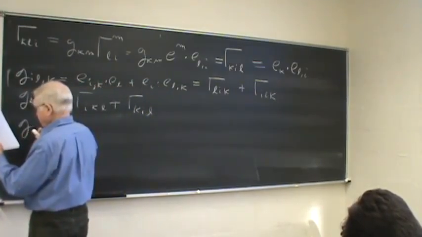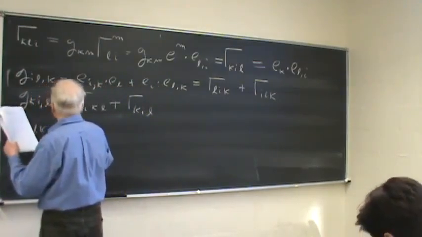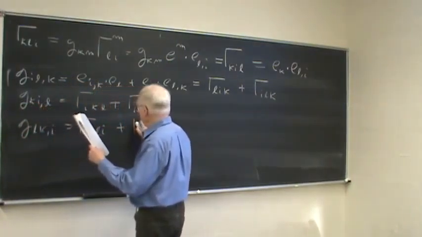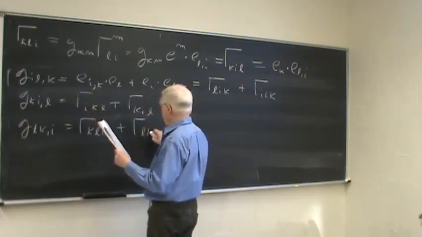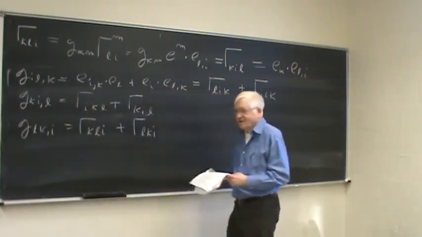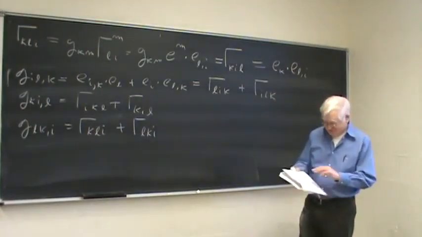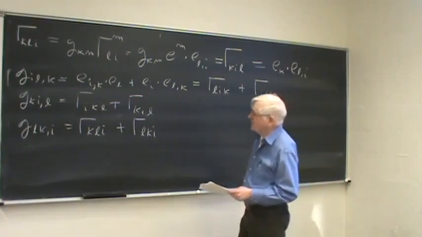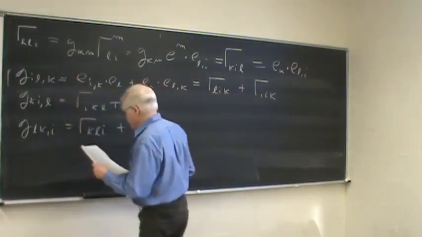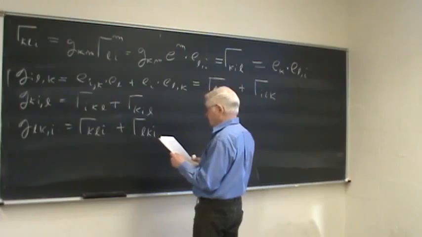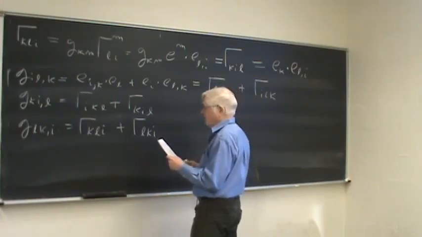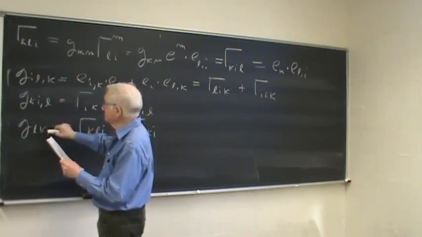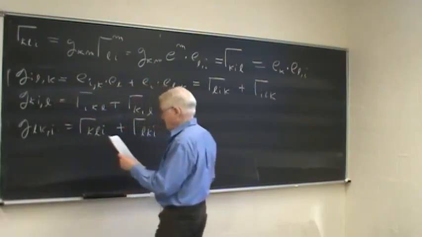And g_{lk,i} is gamma plus gamma, well, I can't pronounce that. Anyway, whatever it is. And so now if we add all three together, this plus this plus this, oh no, we don't add them up. What we do is take this one plus this one and subtract that one.